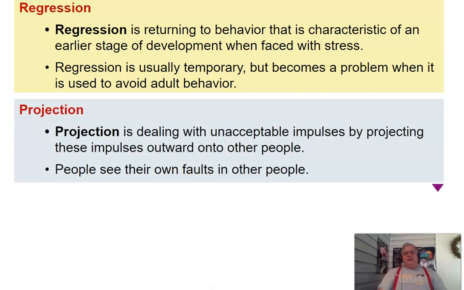Projection is dealing with unacceptable impulses by projecting these impulses outward onto other people. People see their own faults in other people. So projection would be the case where somebody accuses you of doing something wrong and you say, yeah, but you did that.